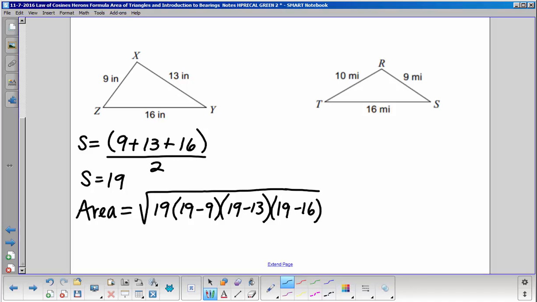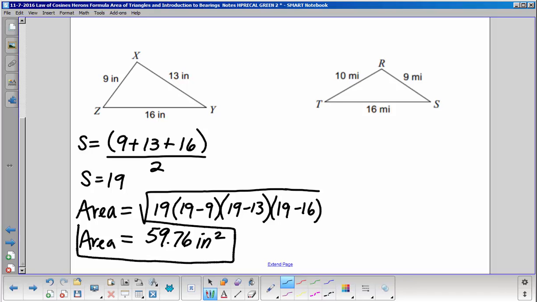Area is equal to 59.76 inches squared. And Mary's right. You're going to know you don't have a triangle if one of these measurements here is either negative or 0. So it's a really quick check.